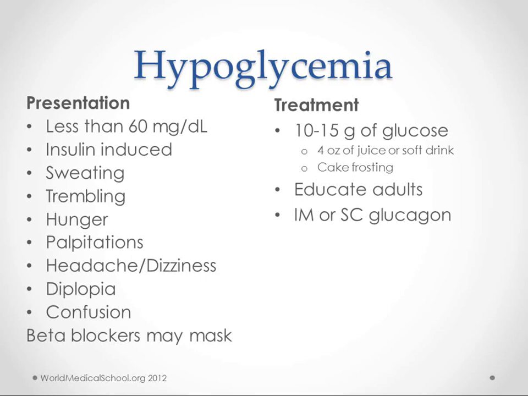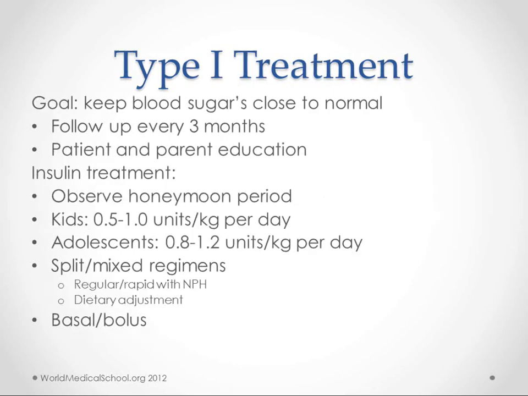So you need to watch out with beta blockers in children who are also diabetic. The treatment of this is glucose, so you can use a soft drink or some cake frosting. You want to have those things on hand wherever people are. If it gets more serious, then you can do IM or subcutaneous glucagon.